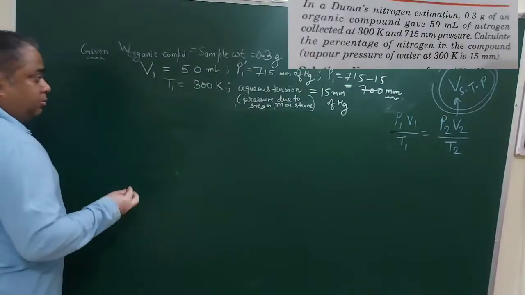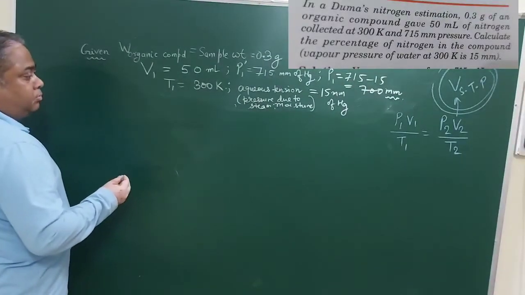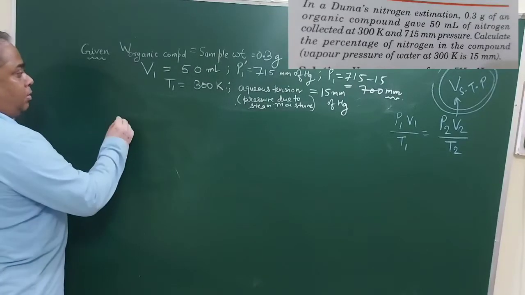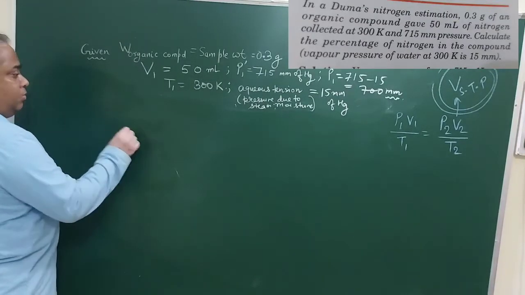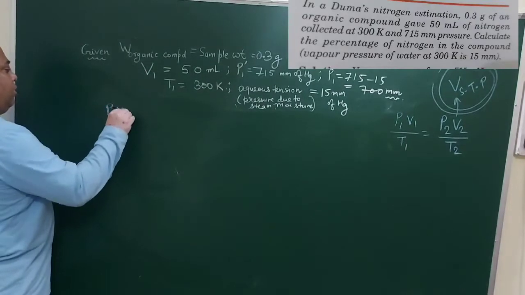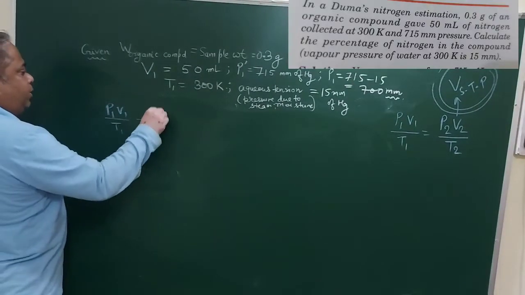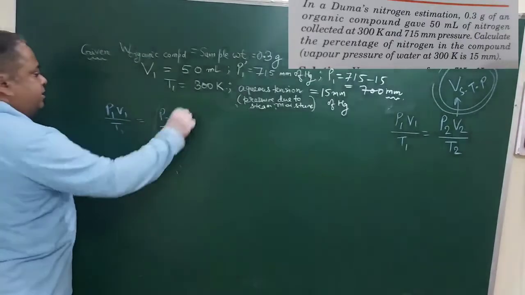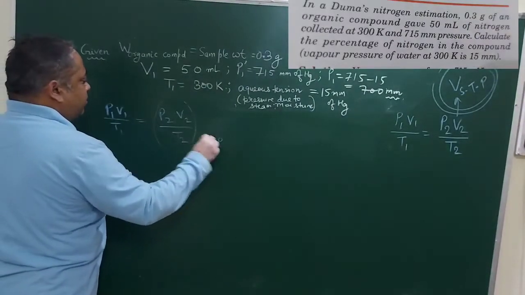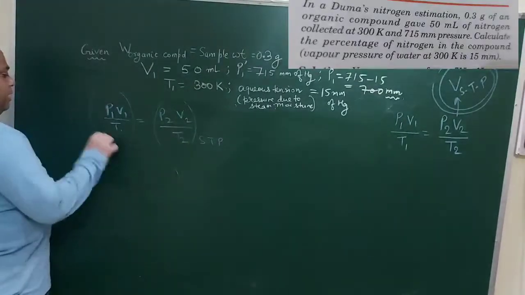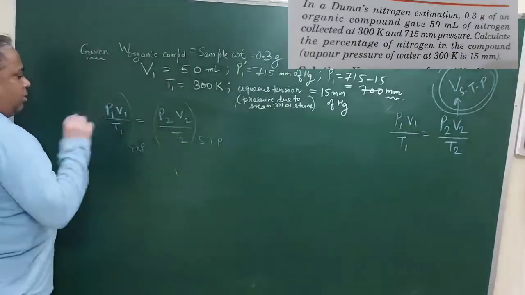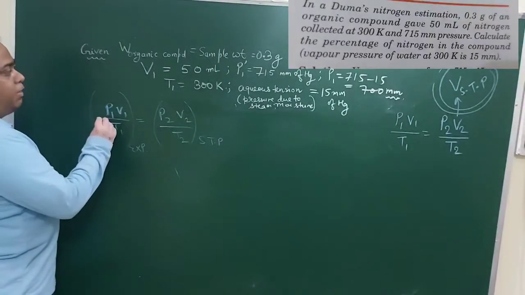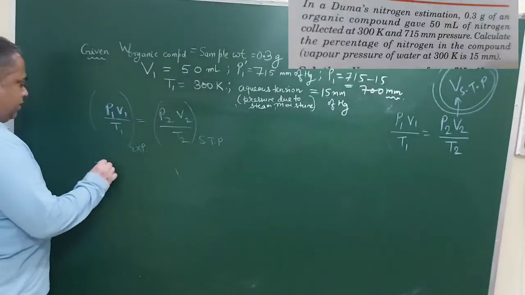So P1 is known to us. We are using the formula P1 V1 by T1 equal to P2 V2 by T2. So this is at STP, okay, at standard temperature and pressure. This is at experimental condition. So P1 is equal to 700.